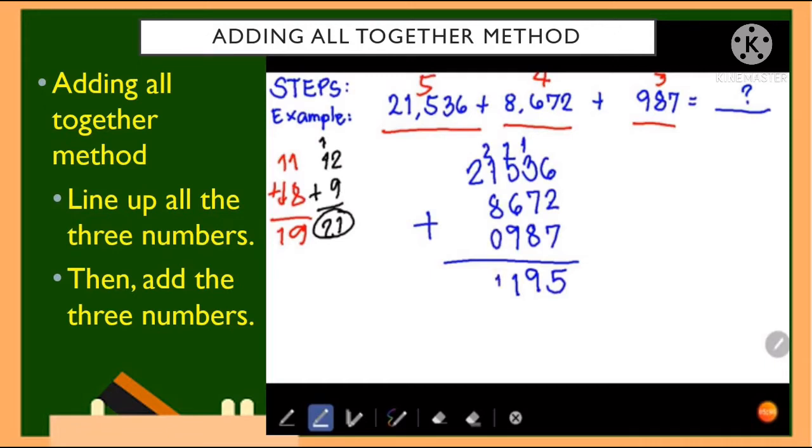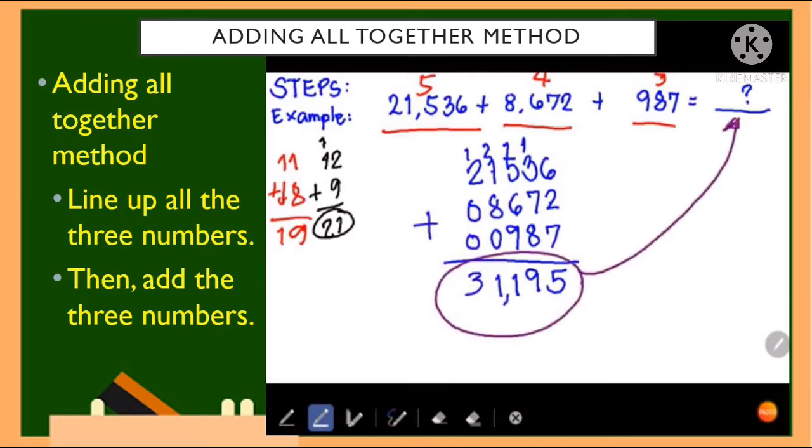So I will put 1 here, and I will put also 1 here on the top. Alright? And then 1 plus 2. 3 plus 0. 3. Alright. And then, where do I put the comma? In between 1 and 1. Okay, so I will put it there. And this is now our final answer that can be put there.